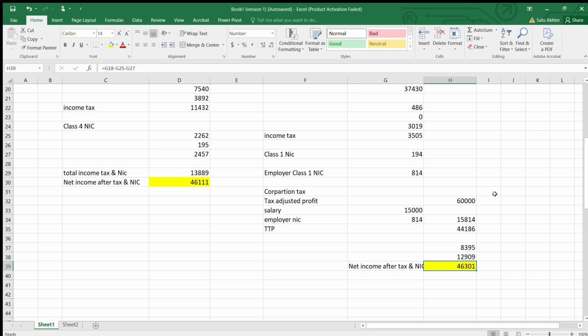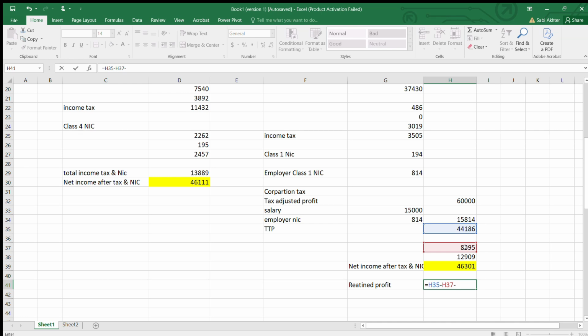Isn't it? Now, in terms of retained profits in the company. So what is the retained profit? If you want to find the retained profits in the company, from your TTP, taxable total profit, we are going to deduct your corporation tax.